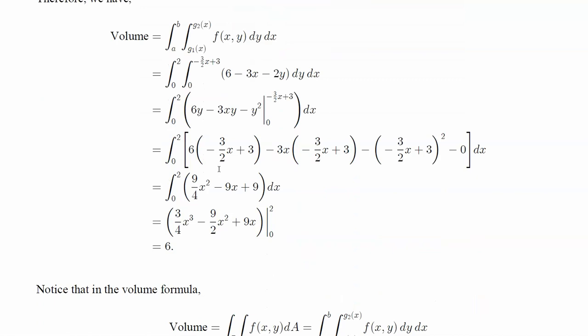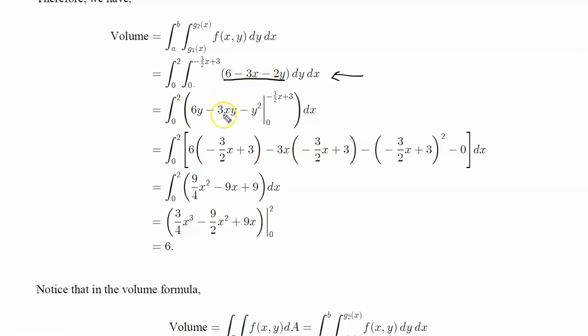Right here is where we evaluate it. Here is the double integral that we just set up. Inner integral, curve to curve, point to point. Now what we do is integrate with respect to y first, so anywhere you see an x, you treat that like a constant. The antiderivative of 6 is 6y.